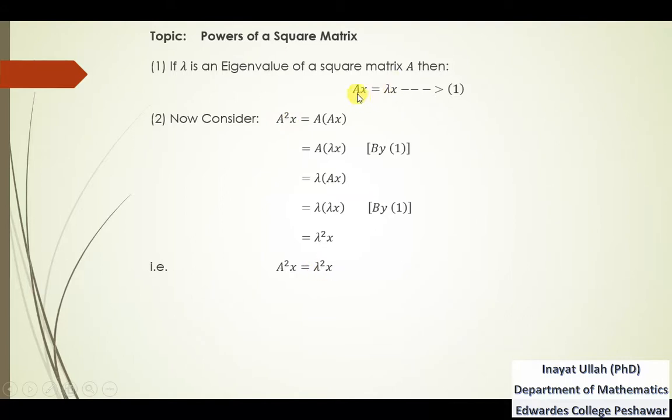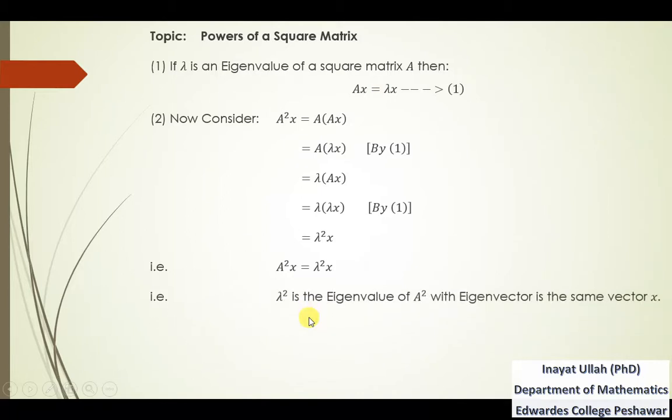So if A is a matrix, then its eigenvalue is lambda power 1. The power of A is 1 here, and whenever it is A square, the eigenvalue of A square is actually lambda square, the square of this lambda.